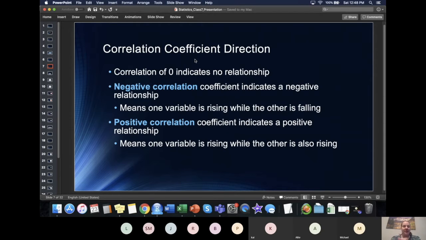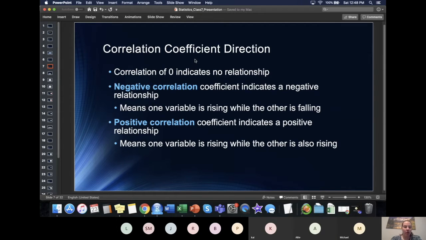More about this: for correlation coefficients, the direction matters. Whether it's negative or positive, it means two different things. I have visuals on the next slide. A negative correlation coefficient means there's a negative relationship, meaning as one variable is rising, the other is falling on average.